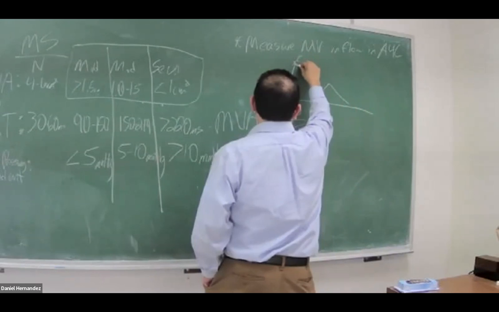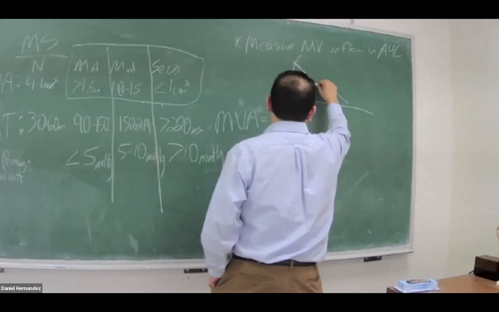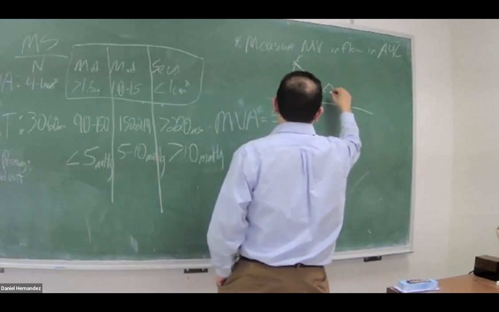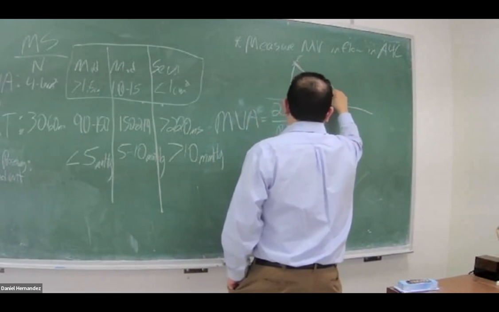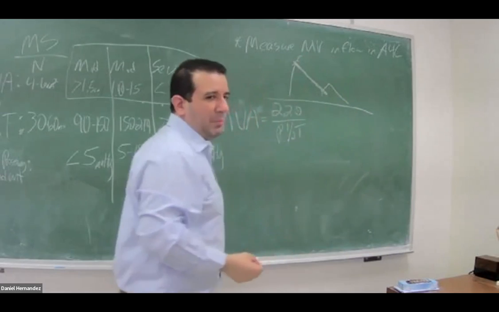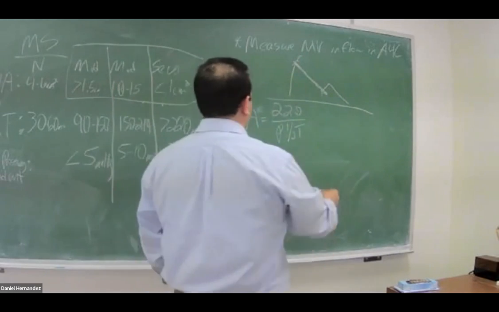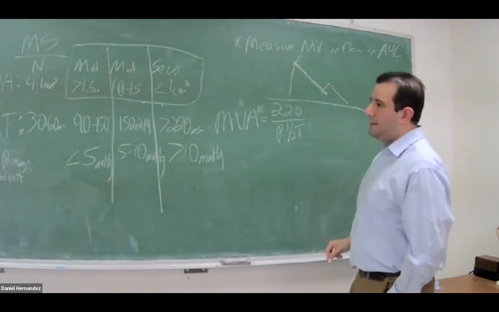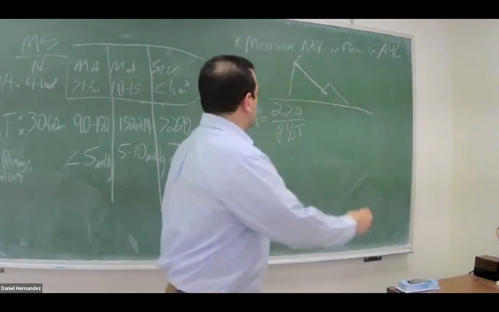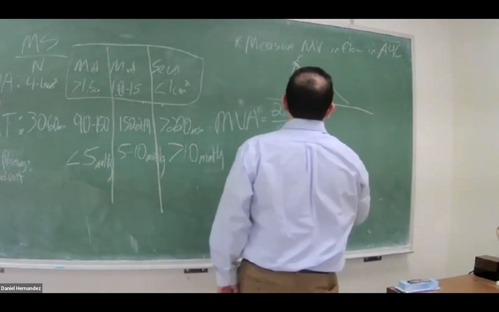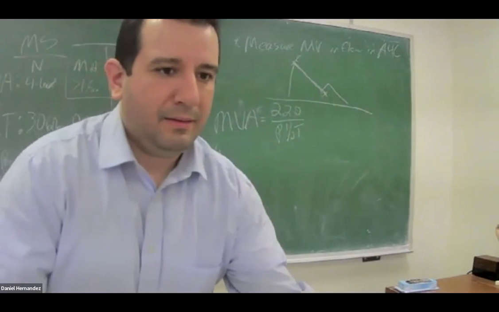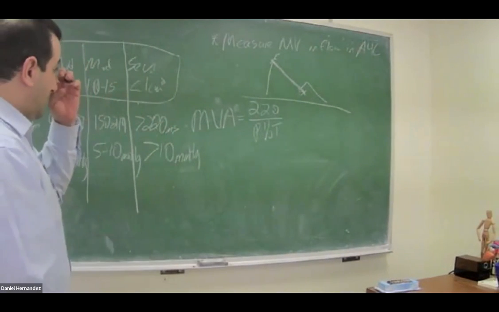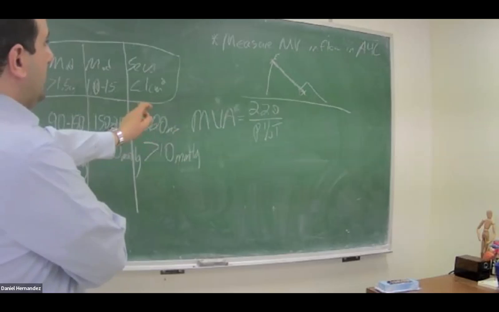So you're going to take your caliper, measuring pressure half time, and measure along that slope. Just remember with pressure half time, you don't necessarily have to go all the way down to the baseline.